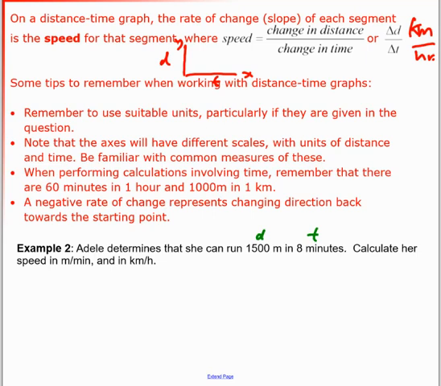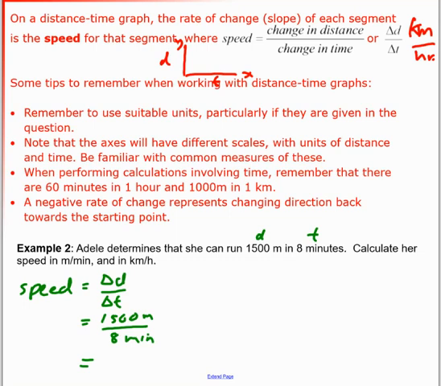All right, well, let's tackle those separately. So if speed equals the change in distance over the change in time, then her speed equals 1,500 meters divided by 8 minutes.